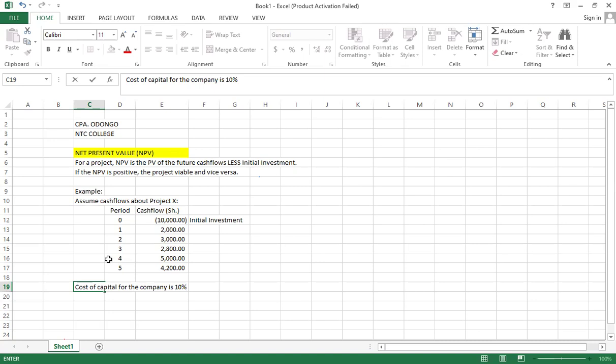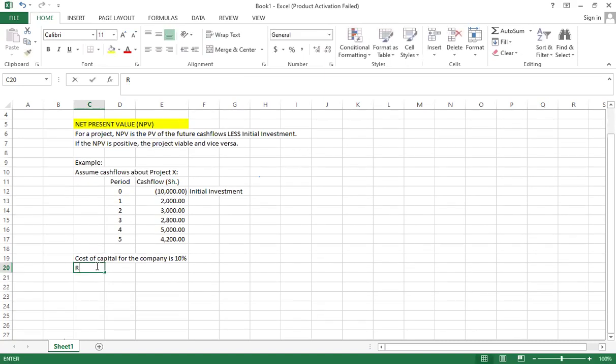Then what I require is that we calculate NPV and advise on the viability of the project.